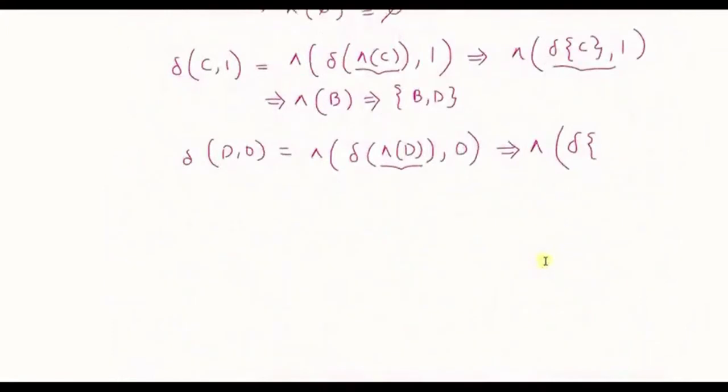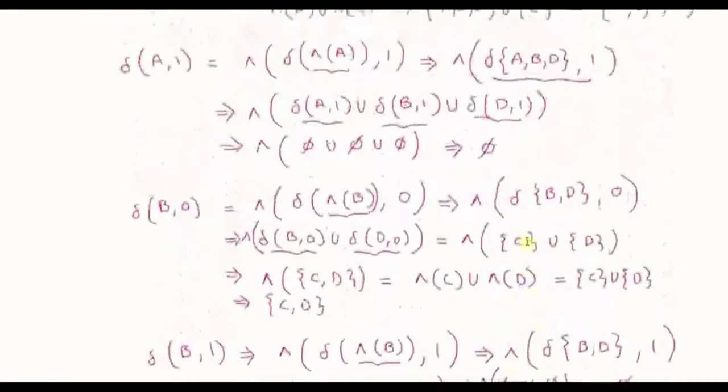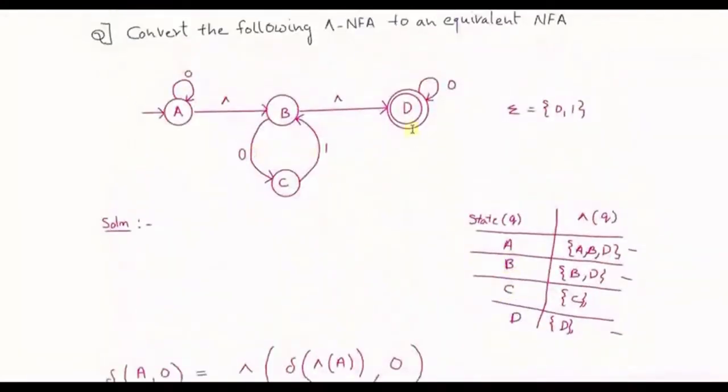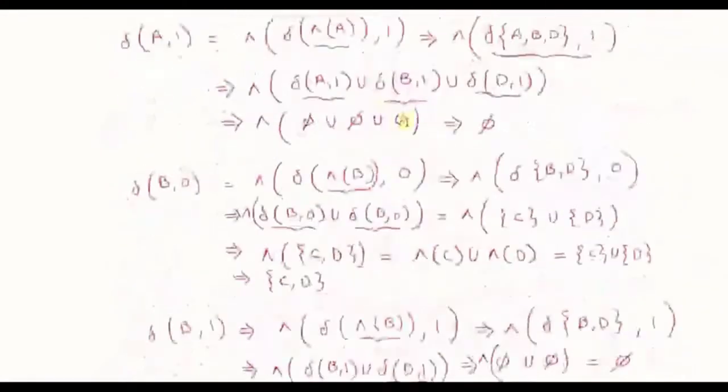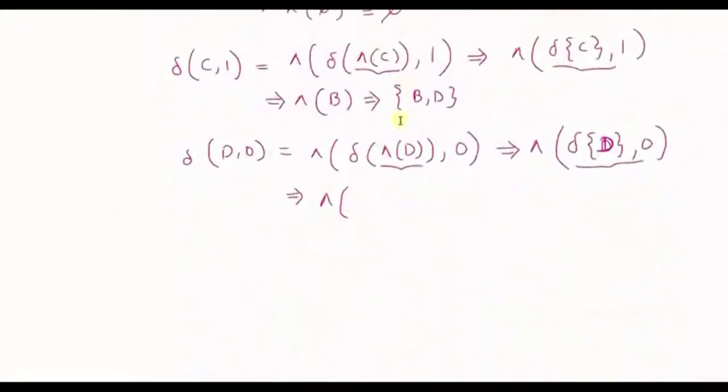So E closure of D gives you state D itself on 0. This is state D on 0. So this can be further written as E closure of. Now find out what is D on 0, transition of D on 0. Okay, now D on 0 goes to D itself. So this will be D.